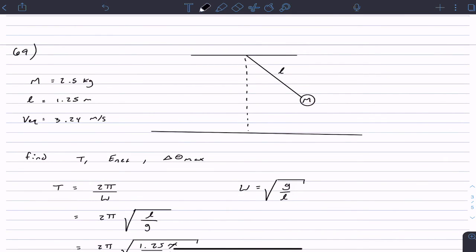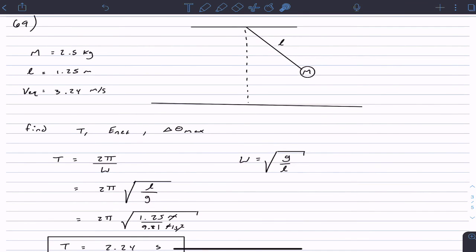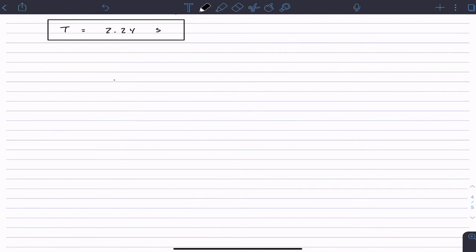So since we're told the velocity at the equilibrium position, once this thing flies here, it's 3.24 meters per second right here. So let's draw another picture. Here at the equilibrium position, this thing is traveling at 3.24 meters per second.